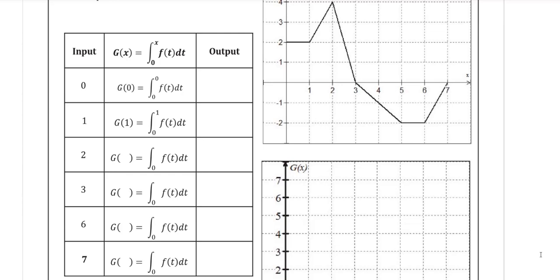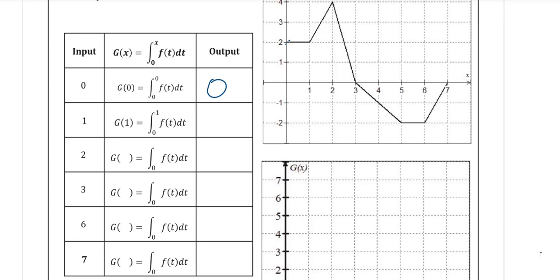All right, and so we want G of 0, which is the integral from 0 to 0. So we're going nowhere, so that means we have no area because there's no width whatsoever to that section of the graph. So it's nothing.